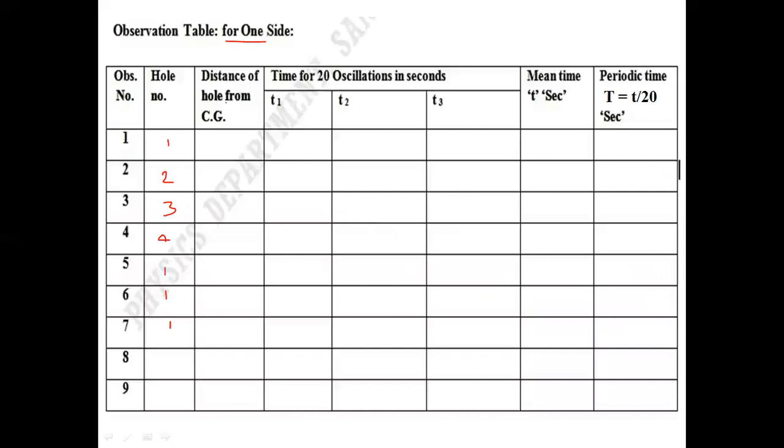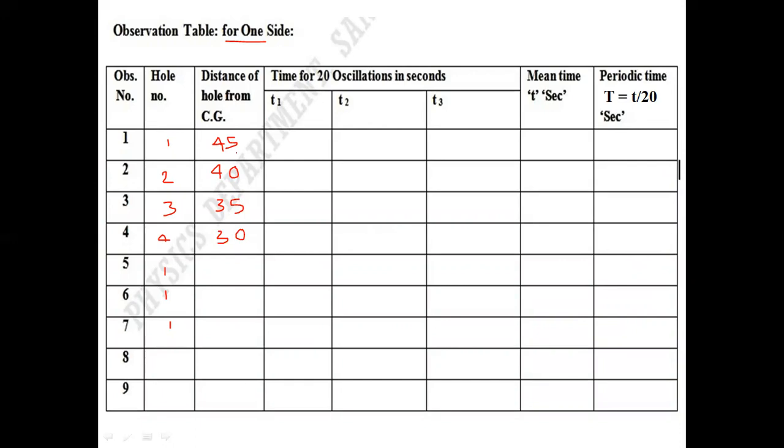So here the first observation, distance of hole from CG, should be 45. You can write 45 over here, then less 5, that is 40 for the second hole, then less 5, that is 35, then less 5, that is 30, and so on up to the center of gravity.